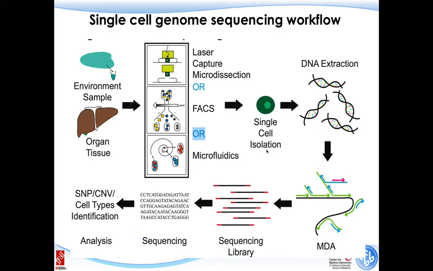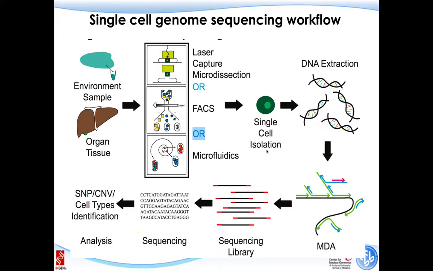You can also use FACS sorting, and you can use a microfluidic device. I think in our institution we do have the C1 Fluidigm that can help us do this. So there are all three types of instruments that I think our institution has.